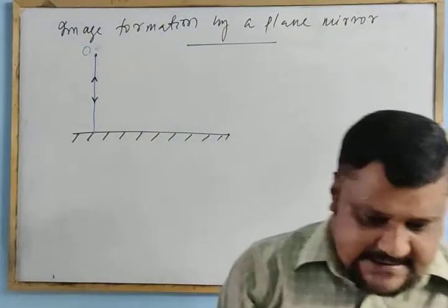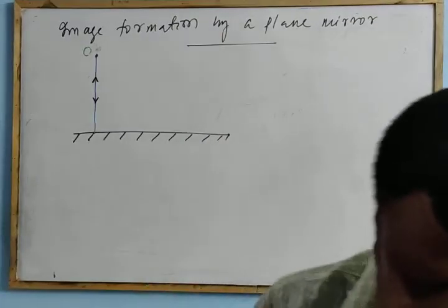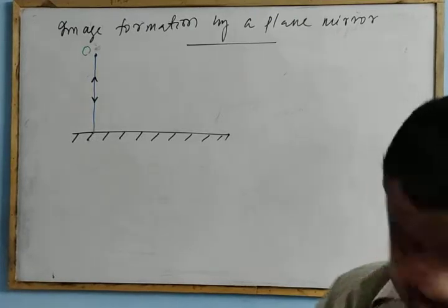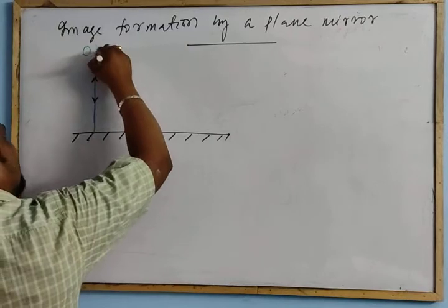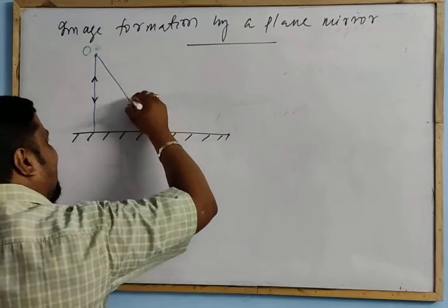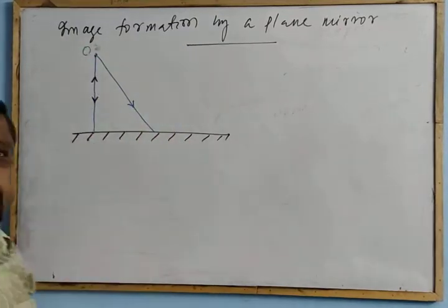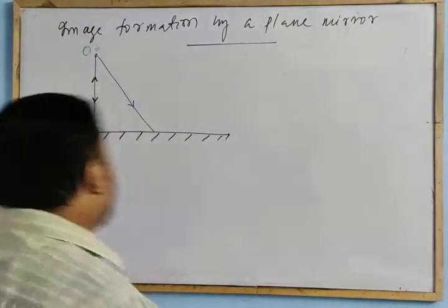Number one. Next, number two: take another ray from the object which is incident obliquely, with some angle.